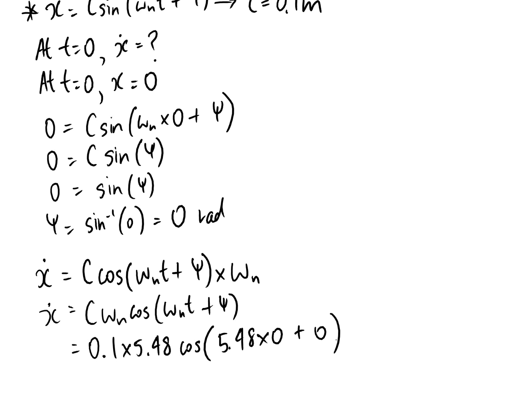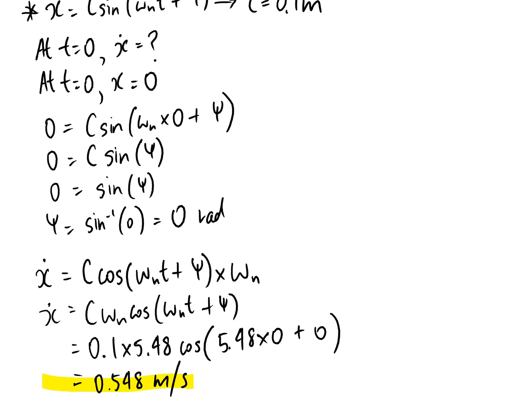And phi we said was 0 as well. So this comes out to be 0.1 times 5.48 multiplied by cos of 0, which is 1. So that's what we come out with. That's the final answer that we're looking for.